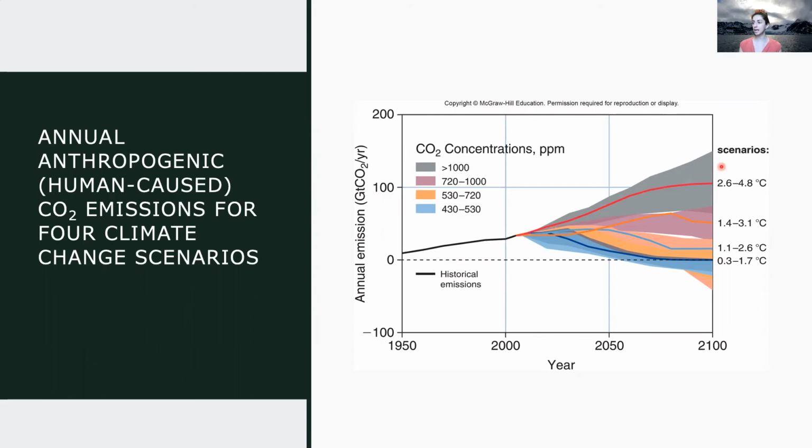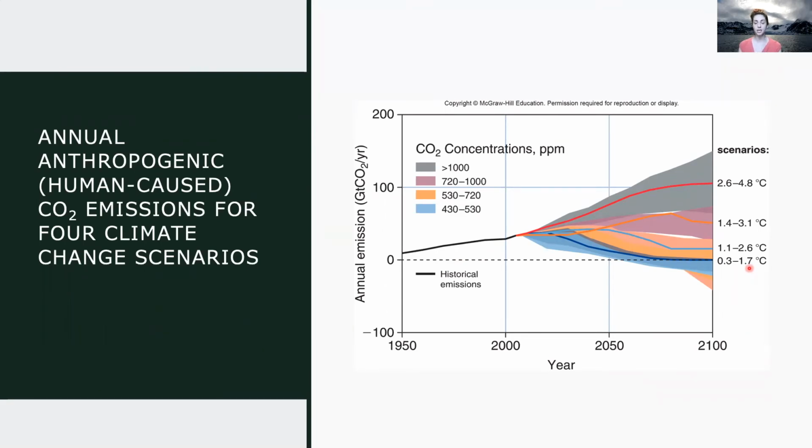These different trend lines and the colors that are bounding each of those trend lines represent the projected CO2 emissions under different types of scenarios. So down here, the 0.3 to 1.7 degree C increase represents a scenario that involves aggressive and rapid reduction of greenhouse gases.